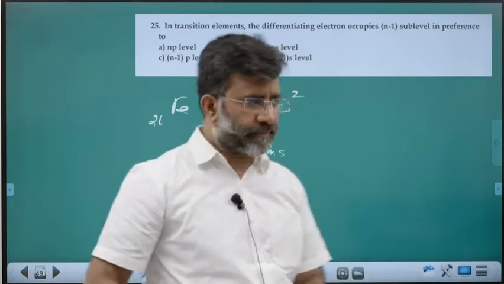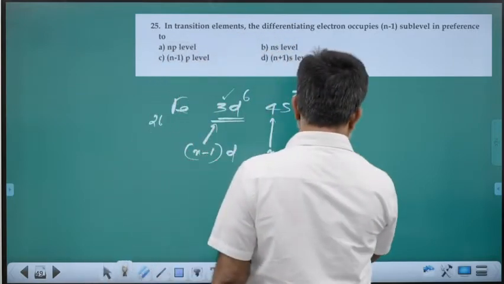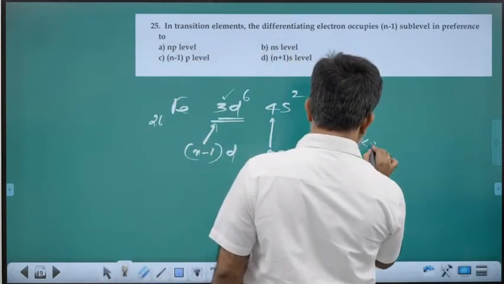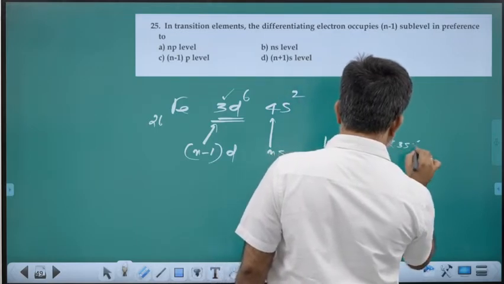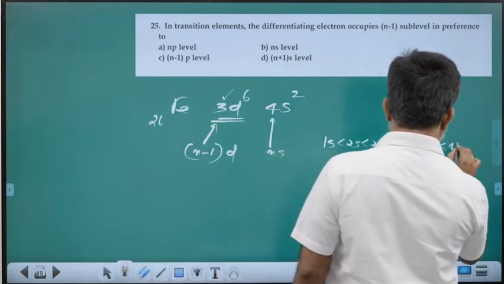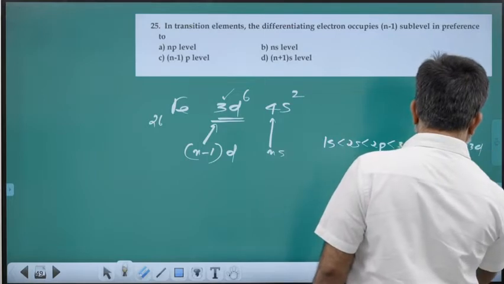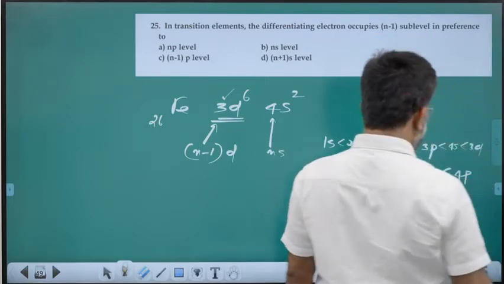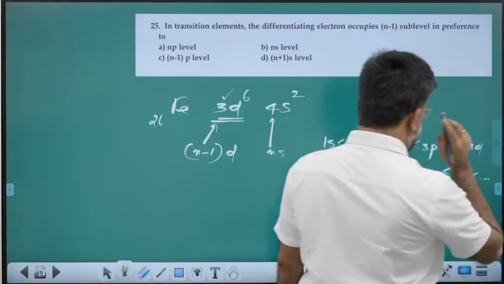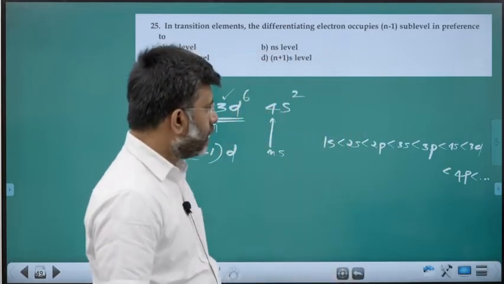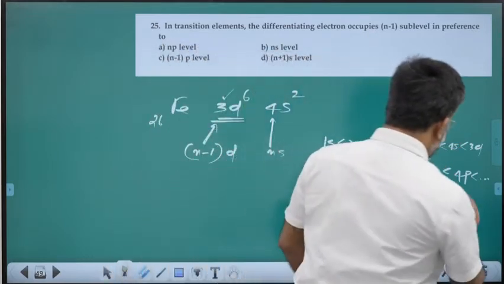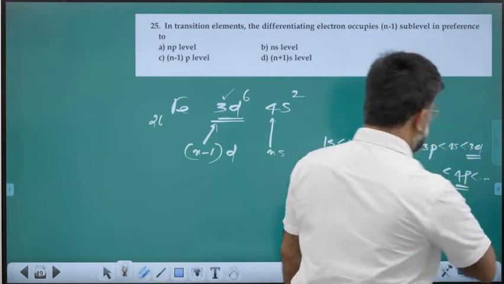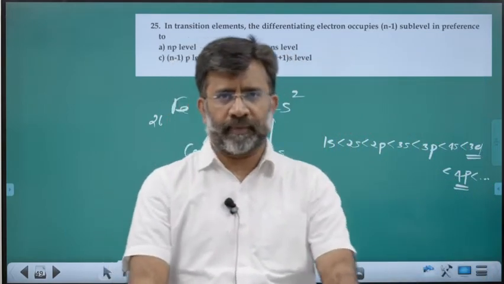All of you know it is 1s, 2s, 2p, 3s, 3p, 4s, 3d, 4p. It goes like that, Aufbau principle. So 3d is coming prior to 4p.